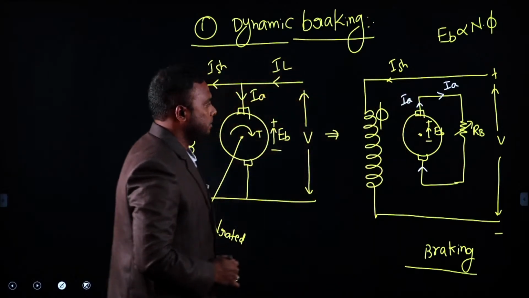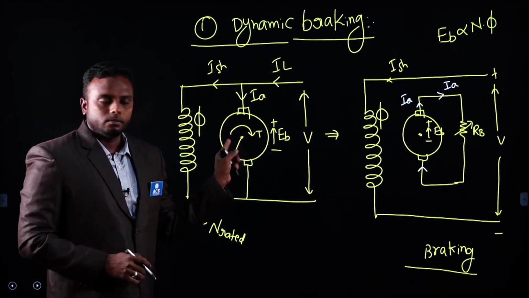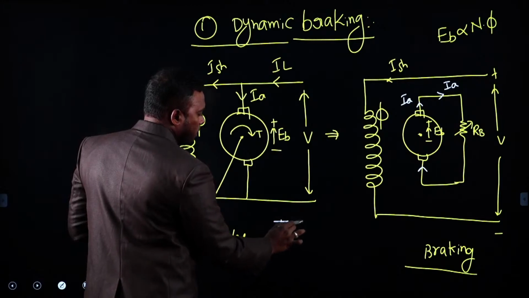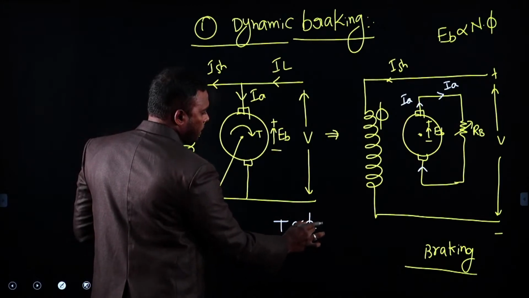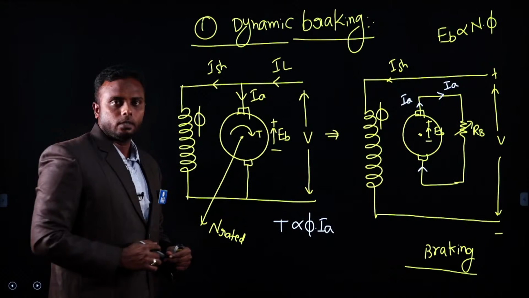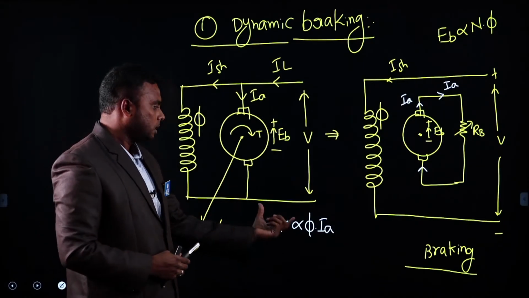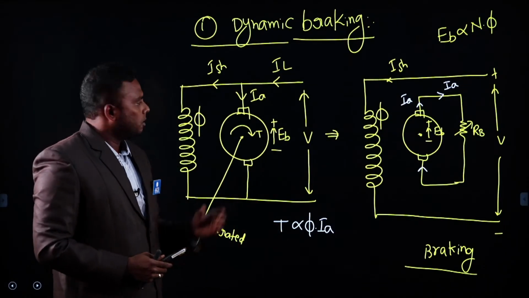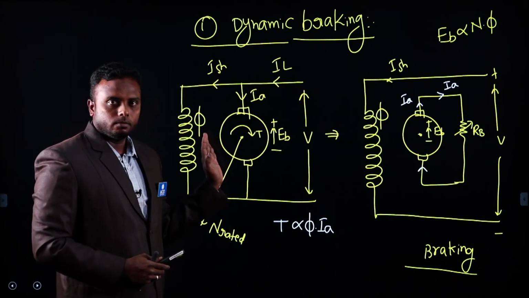Now check what happened. Previously, in normal running condition, there is a torque which is proportional to the product of flux and current. Torque in generators or motors is proportional to this. Flux is the same, no change.